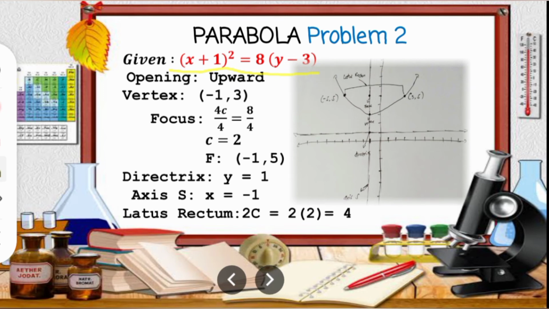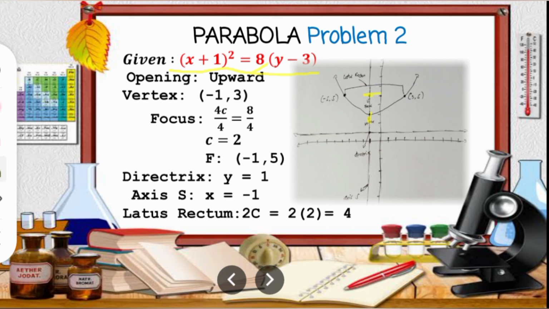So our vertex for this parabola is (negative 1, 3). For our focus, 4c is 8, and dividing by 4, our c is 2. So our focus is (negative 1, 5).